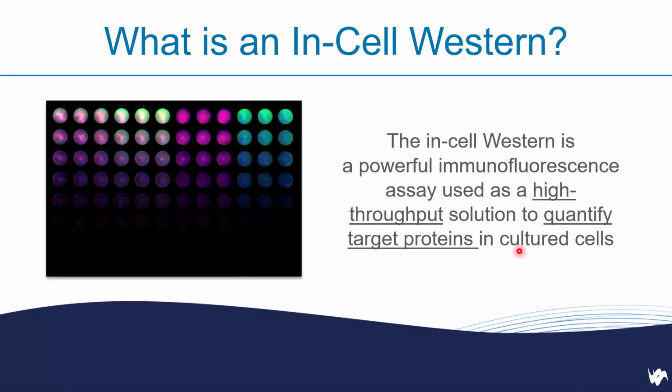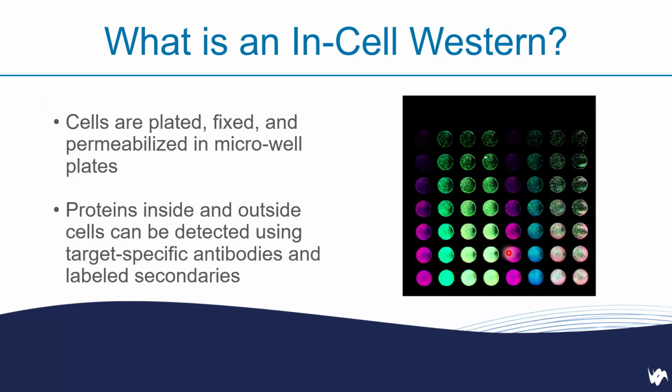In a simplified manner of the entire protocol, what you need to do is to plate or feed the cells in the plate, preferably a glass bottom or plastic bottom that allows you to have a good imaging quality, where you seed the cells in the wells, and fix and permeabilize them in the microwell plate.